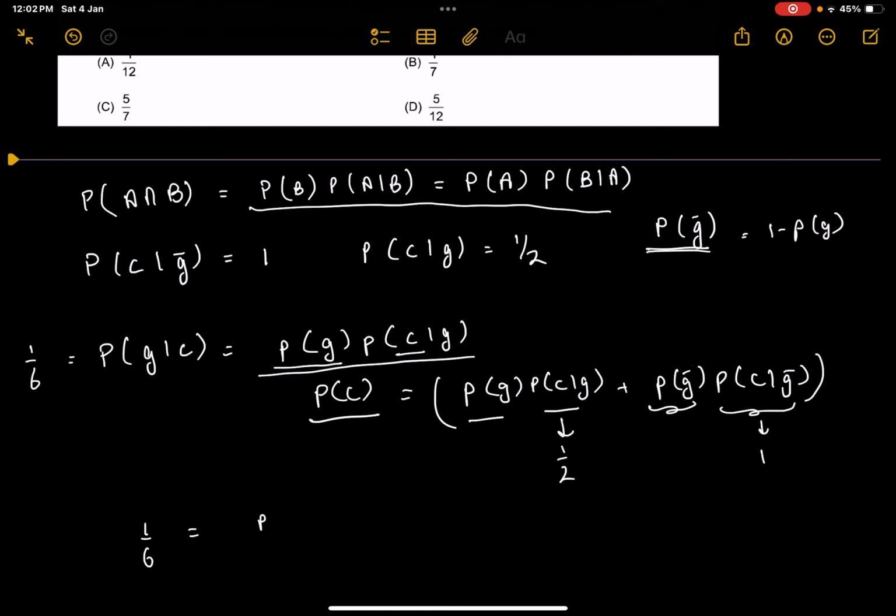Let P(G) be P. We replace P(G) by P. P(C given G) is half upon P(G) is P, P(C given G) is half, plus P(G bar) is 1 minus P(G), that is 1 minus P, into P(C given G bar) is 1. This gives us 1 by 6 is equal to P by 2 upon P by 2 plus 1 minus P, which is 1 minus P by 2.